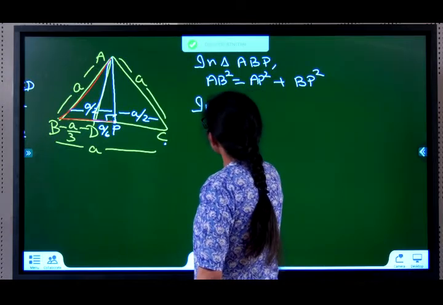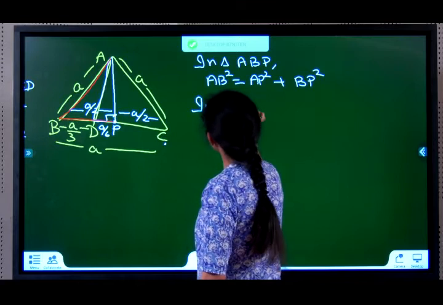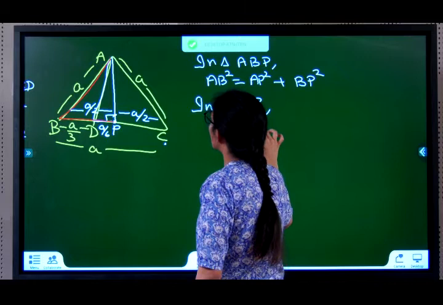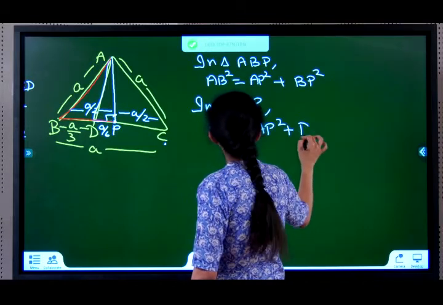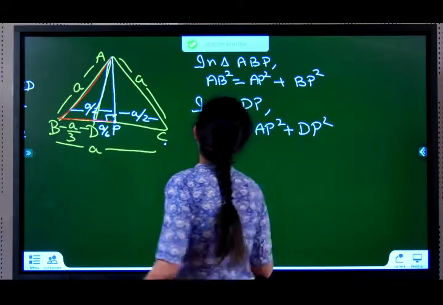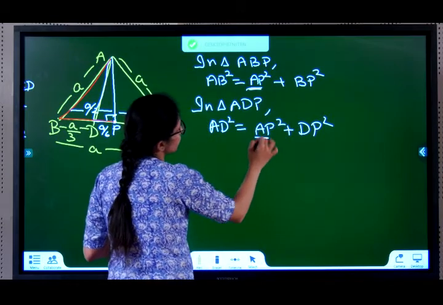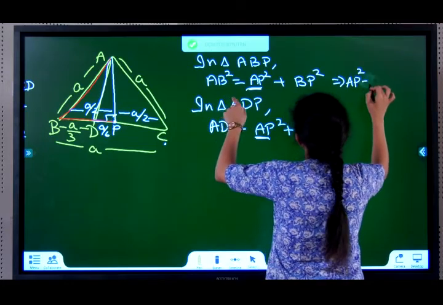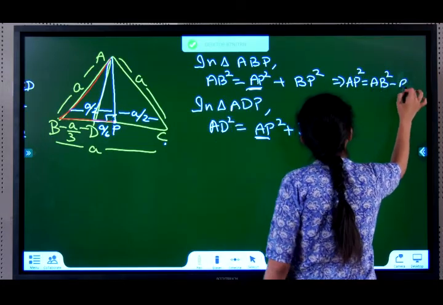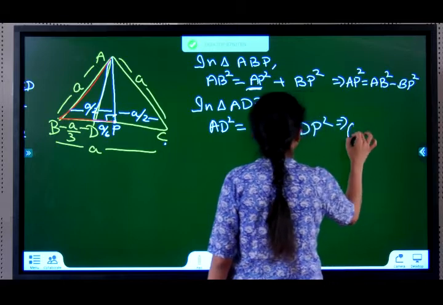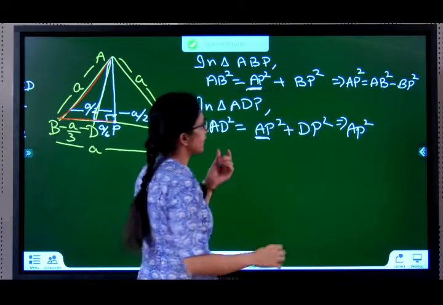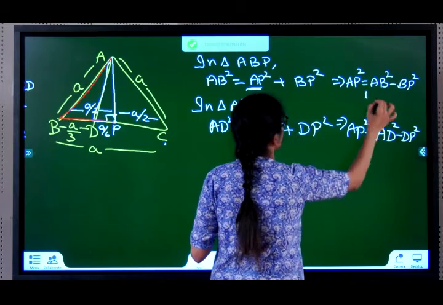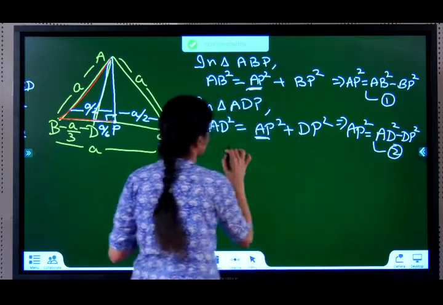In this triangle ADP, AD square is equal to AP square plus DP square. How do I relate the two? Both of them have AP square. What is AP square here? AP square here is AB square minus BP square, and AP square here is AD square minus DP square. So equation 1 equals equation 2.